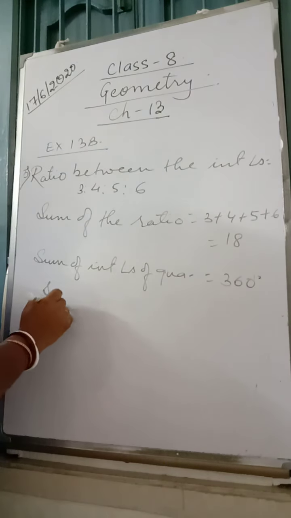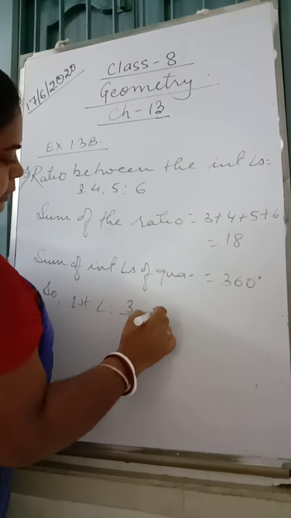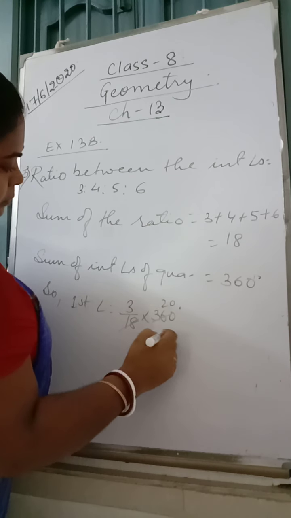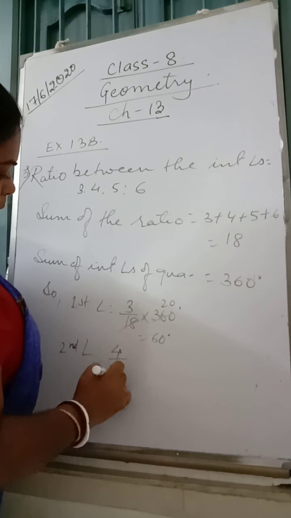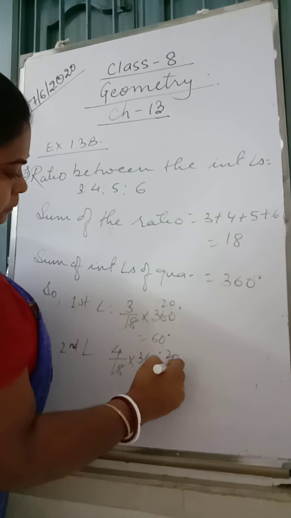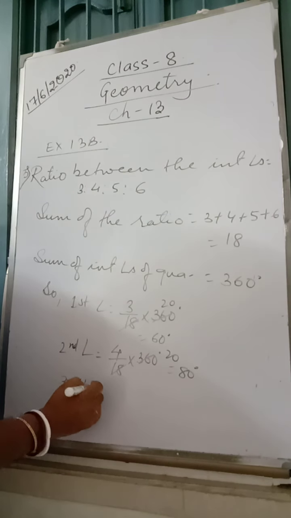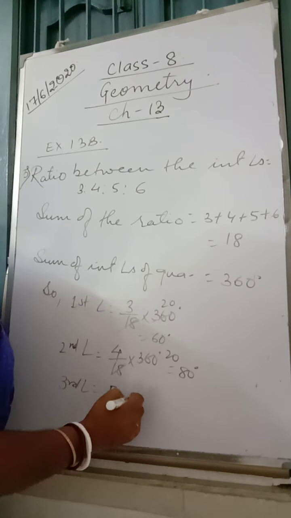So the first angle is 3/18 into 360. Second angle, 4/18 into 360. Third angle, 5/18 into 360 degrees.